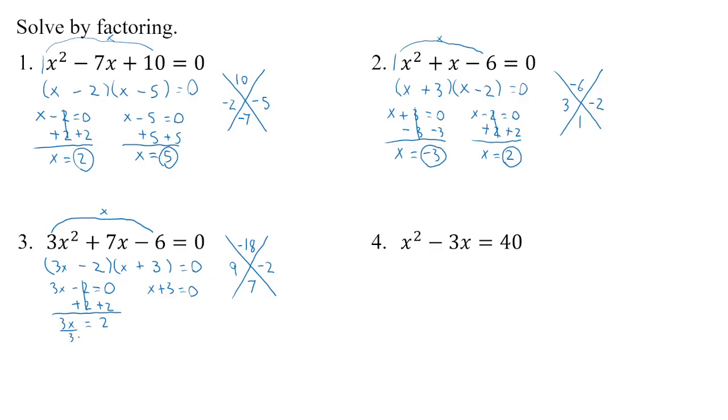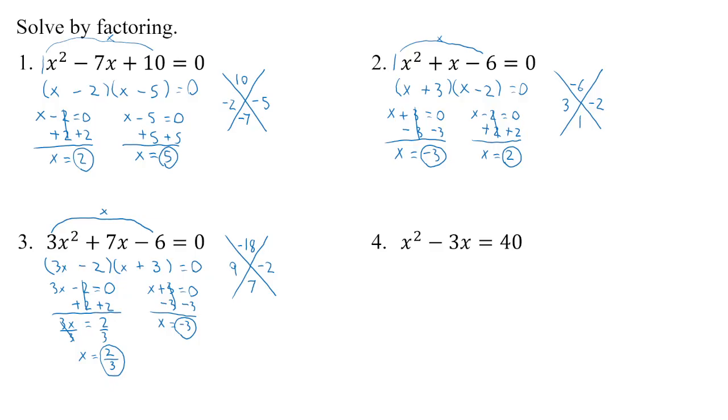Then divide both sides by 3, and you have x equal 2 over 3. On the second equation, we're going to subtract 3 from both sides, and you'll have x equal -3. Therefore, your two solutions are 2/3 and -3.